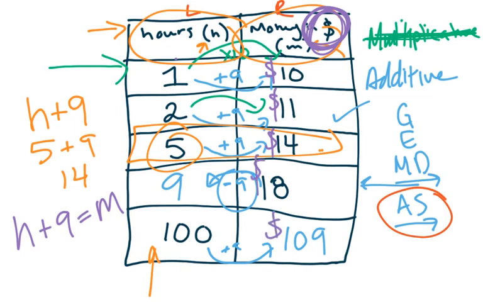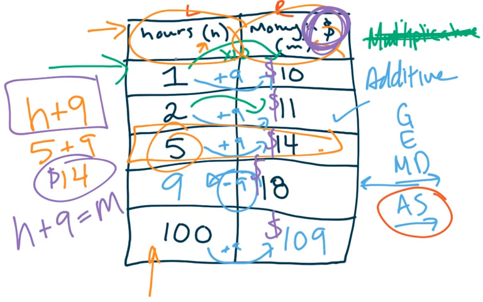But if I did ask you in a separate question, hey, how many dollars would you make in 5 hours? You would need to include your units when you circled that answer. So you don't need them in the table if you don't want to. You definitely should not have them in your algebraic expression, just your plain expression, but units need to be in your answer.